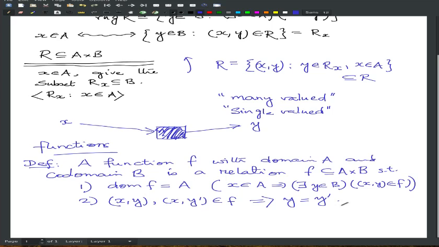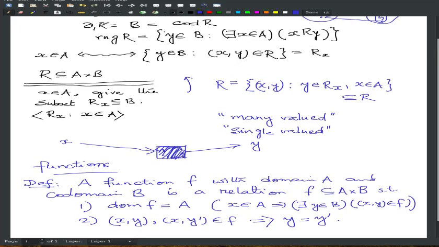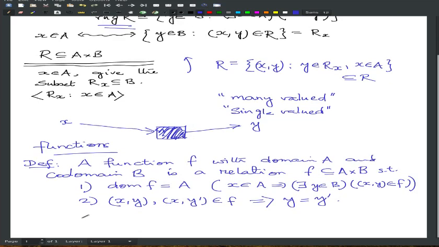So if you now rephrase this notion of a range, the range of f, this is the collection of y in B such that there exists an x in A with (x, y) belongs to f.